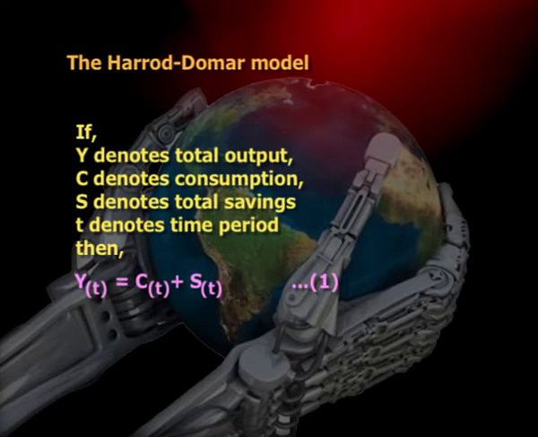Let us explain the Harrod-Domar model with some equations. If capital Y denotes total output, capital C denotes consumption, capital S denotes total savings and T denotes time period, then Y_T is equal to C_T plus S_T.